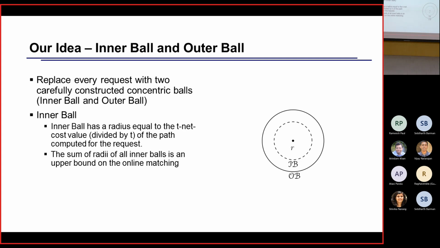The inner ball is simply the following. It's centered at the request, and its radius is exactly equal to the T-net cost of the path that you computed, divided by T. So remember, when the request arrived, our algorithm would have computed an augmenting path. That augmenting path's T-net cost value, divide that by T, and set that as the radius of this inner ball.